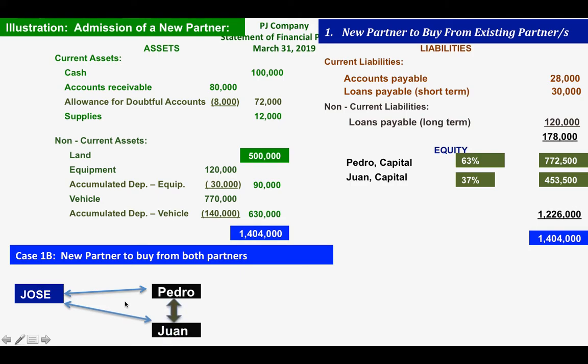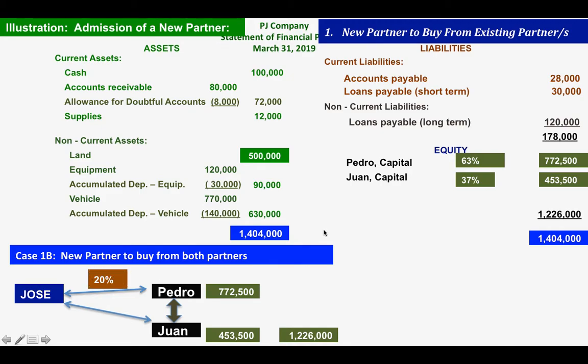And Pedro's capital, as you have learned, is 772,500 and Juan 453,500. Okay, that's the capital after the accounting considerations on asset revaluation and distribution of profit.